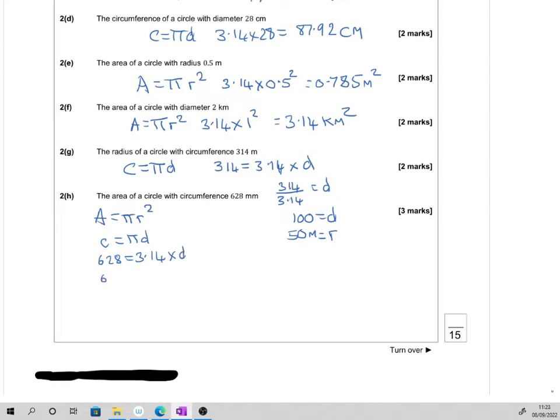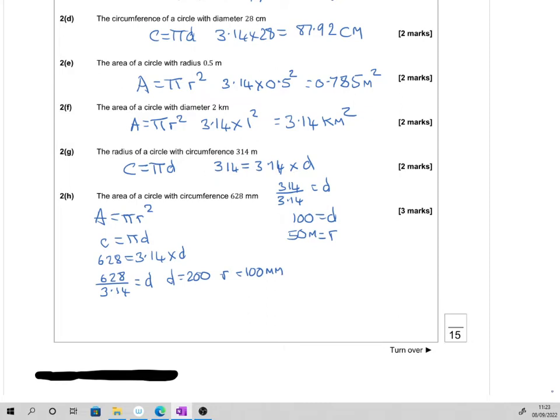So 628 divided by 3.14 equals d. So d equals 200, therefore r equals 100 millimeters.